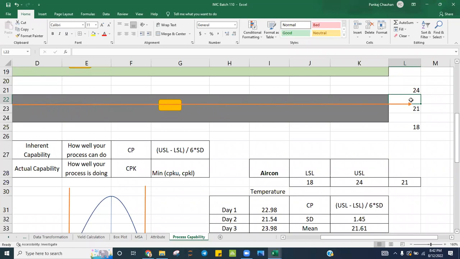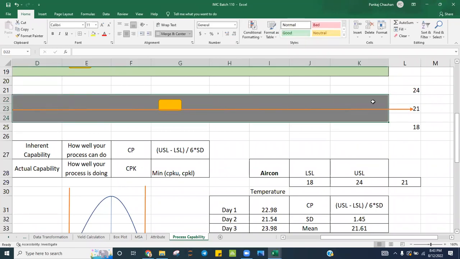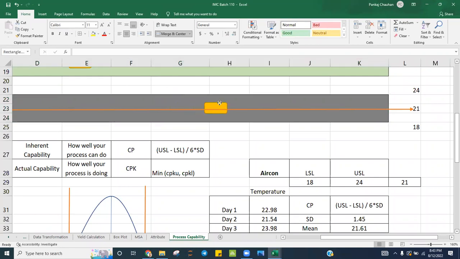So first thing, you should be moving into the center like this. Once you move into the center, both the side specification, you are driving, this is your average value is coming, but you are driving zigzag, which means your standard deviation is high. So then you have to bring the consistency in the center itself. That's what you have to bring.